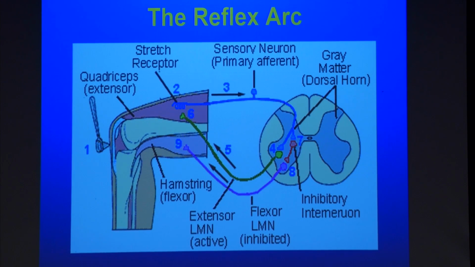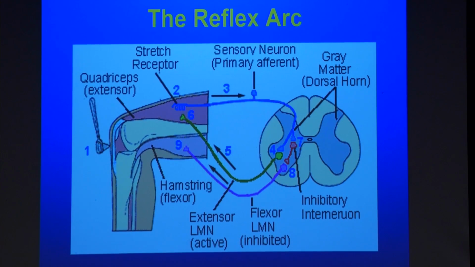So now one of the issues that comes up here is that you begin to think that, well, this one's on and this one's off. But remember, that's not exactly the way inhibition works. Inhibition is a kind of balancing act, such that if you now have more inhibition onto this lower motor neuron, it's less likely to fire action potentials.